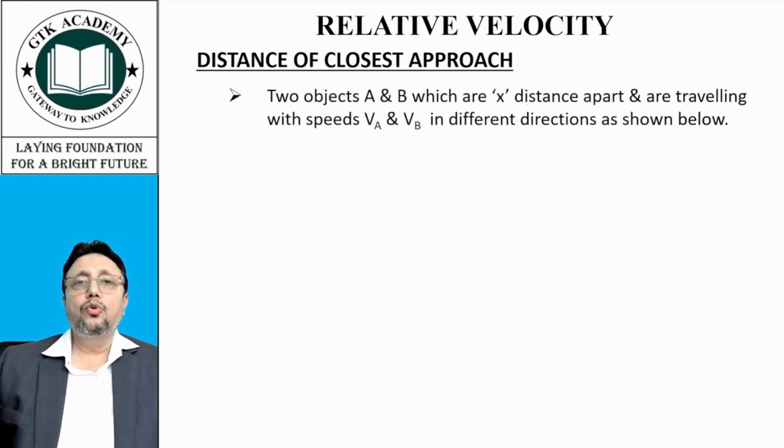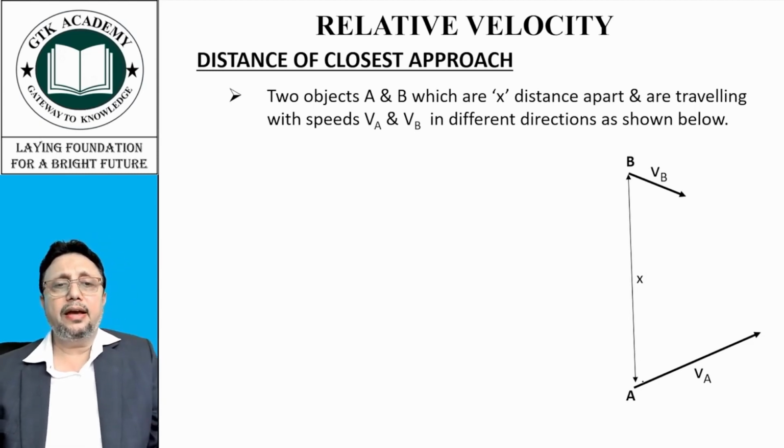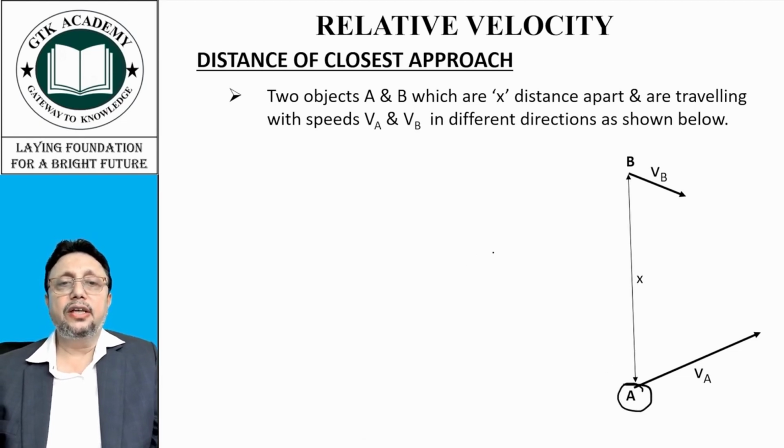Now, if two objects are x distance apart, one is moving with a velocity of VA in this direction, another is moving with velocity VB in this direction, and we want to ascertain how close they can come, make one the observer, either A or B. Suppose you make A the observer, so that means A is stationary.